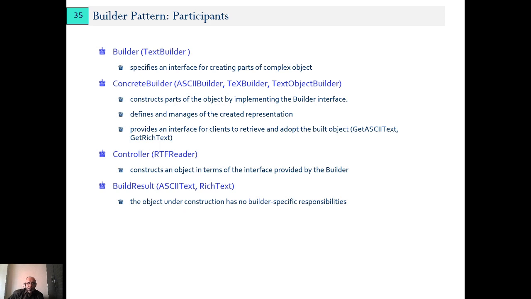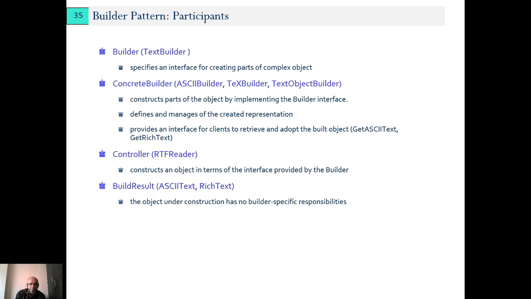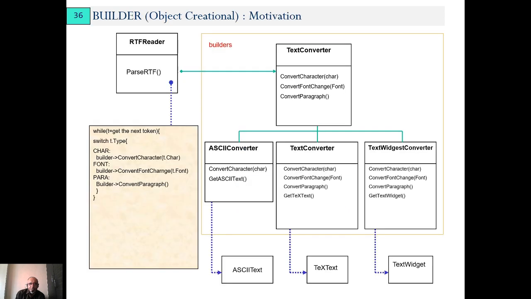Try to understand: builder is text builder, concrete builder is ASCII text or text object, and the resultant is ASCII text or the rich text. Now just see how it happens. Who is who first of all? Who is the RTF reader? Go back and see. RTF reader is the controller.